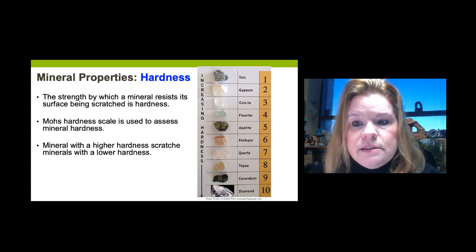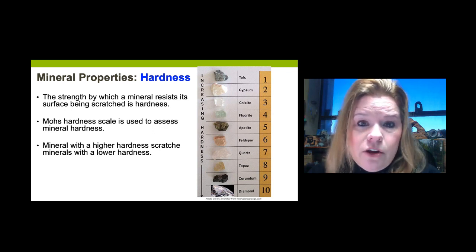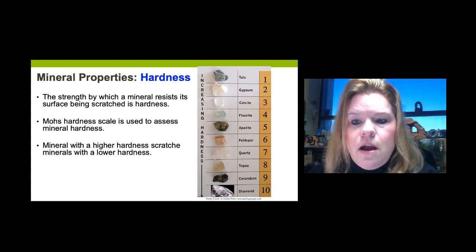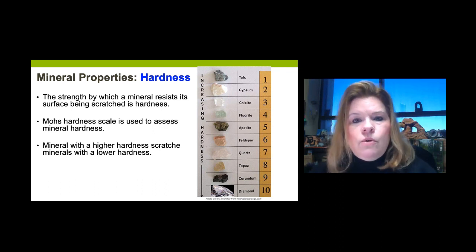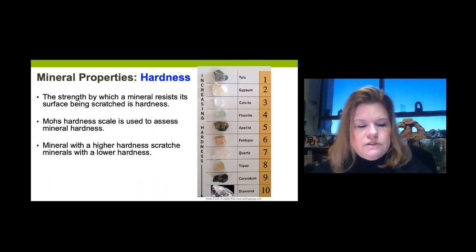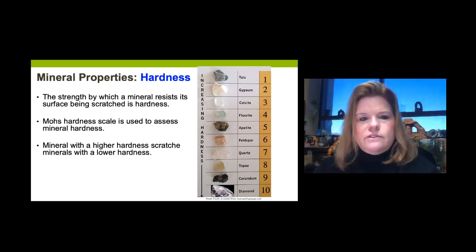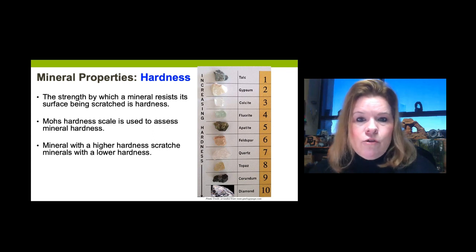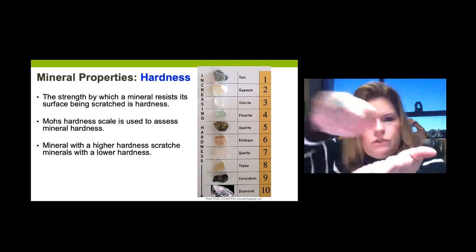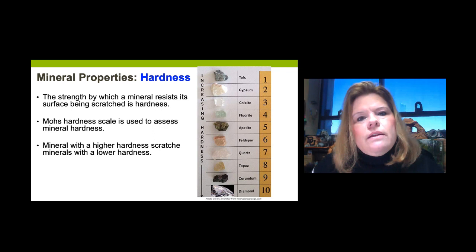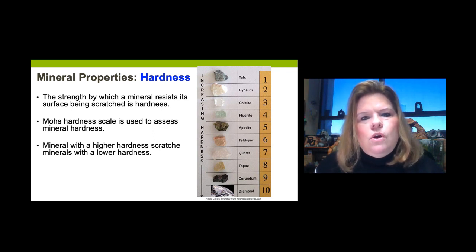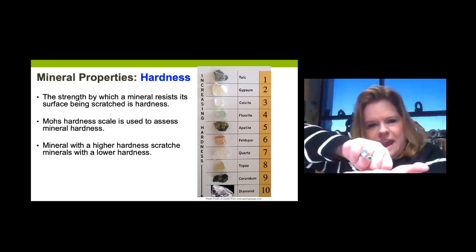Typically not the case. And how do you figure out that you have hardness differences when you're doing a hardness test? When I see students do hardness, oftentimes they just take the glass plate, because you'll have a little glass plate in your testing equipment for minerals, and they just kind of do this action, a real quick movement of that mineral over the glass. You've got to dig it.